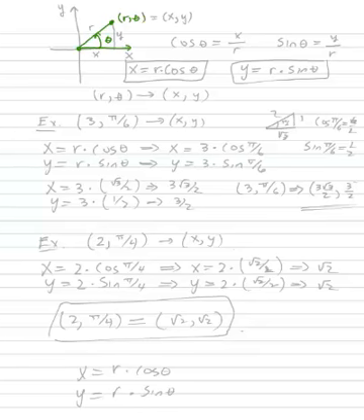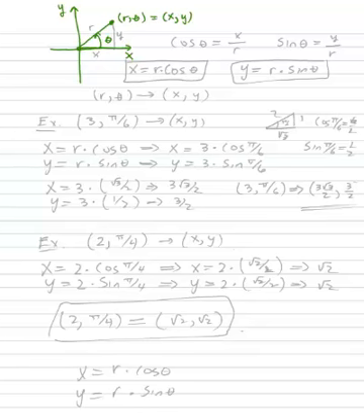Now to find an equivalent representation in rectangular coordinates, we draw the rectangular coordinates as well. Here's the x-axis, and this is the y-axis. And this point we're looking for is x comma y.